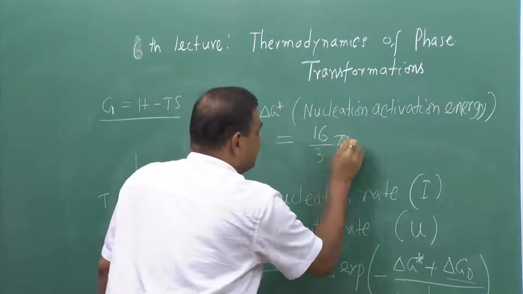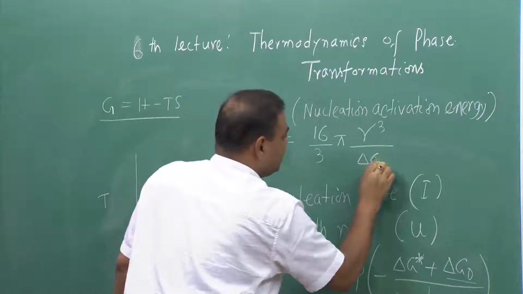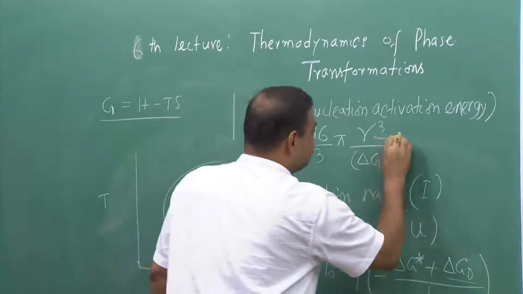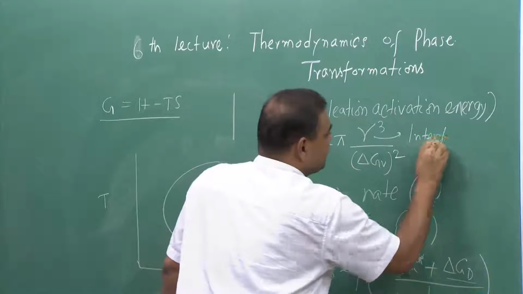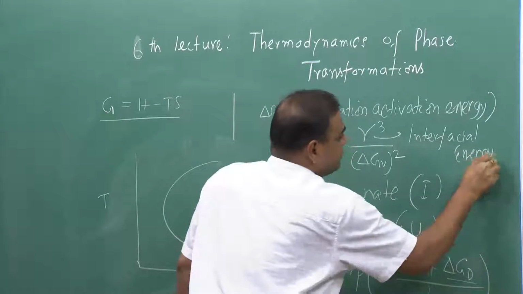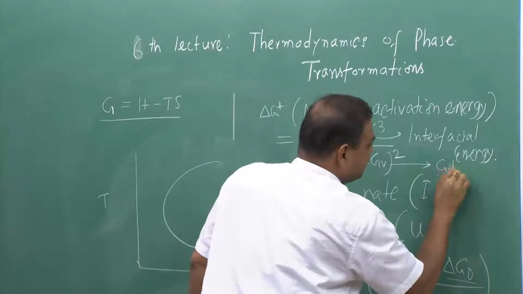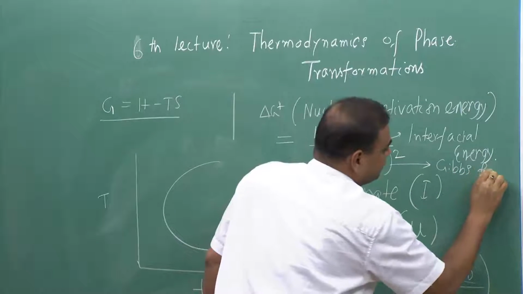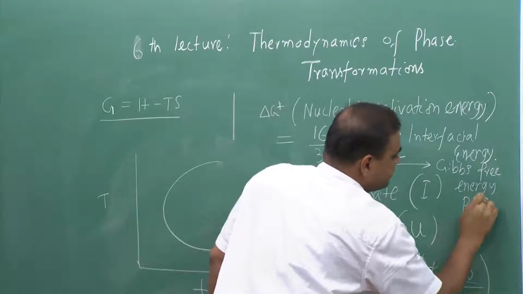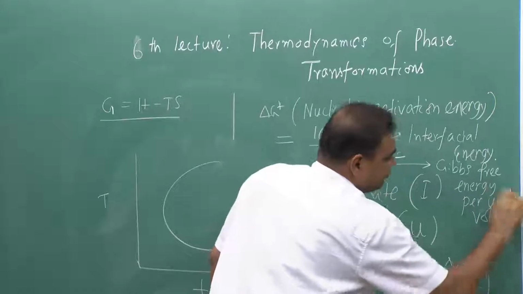3 pi square. Now, this term is interfacial energy, and this gives free energy per unit volume.